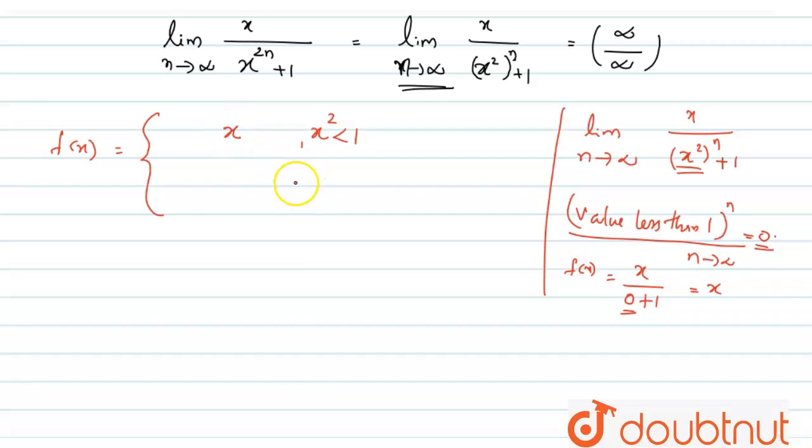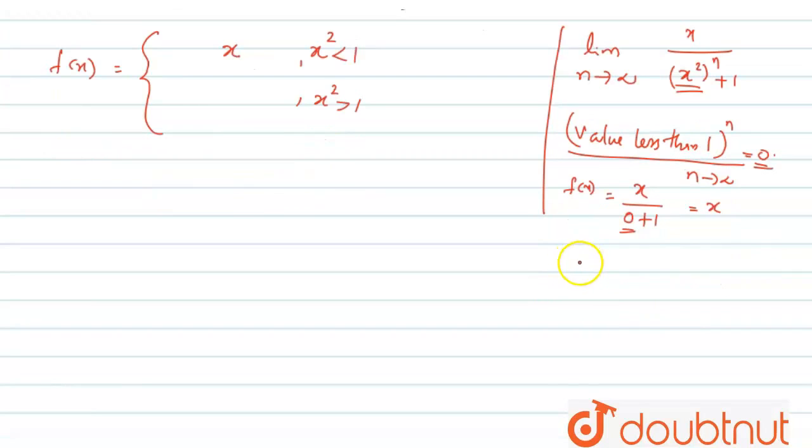Now we will take the range x squared is greater than 1. So when x squared is greater than 1, we have limit n tends to infinity x by x squared power n plus 1.